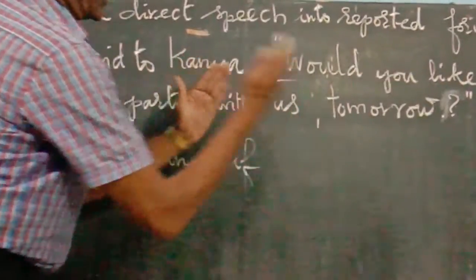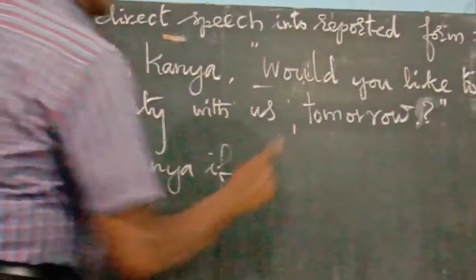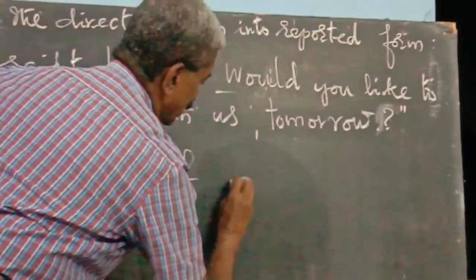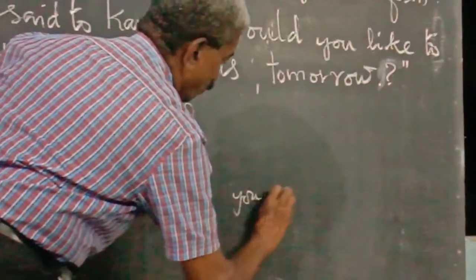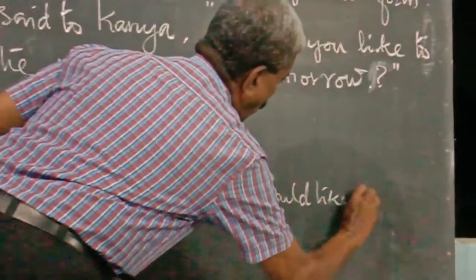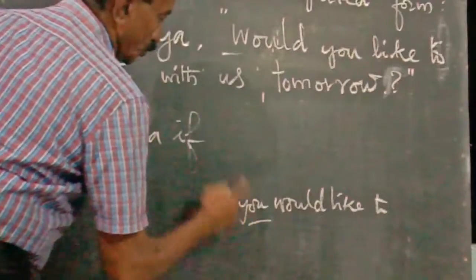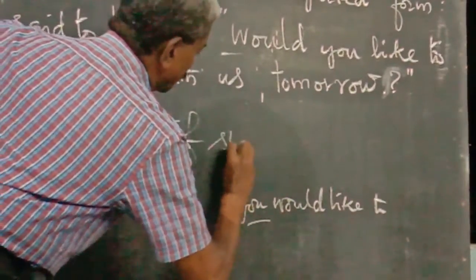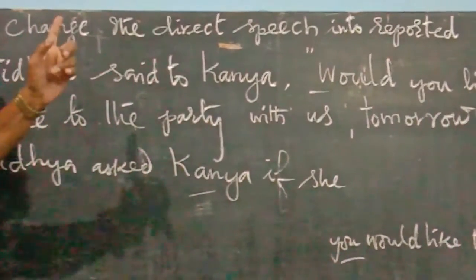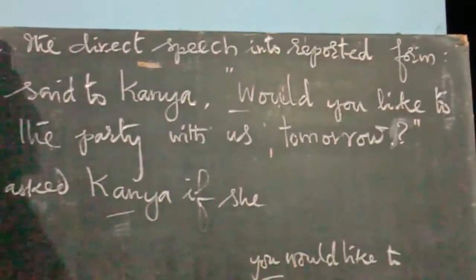Okay, let us try to change the interrogative into an ordinary sentence. Would you like to change? You would like to. Okay, you refers to Kanya, so it has to stand as she. When Vidya is talking to Kanya, she would have asked directly, you.